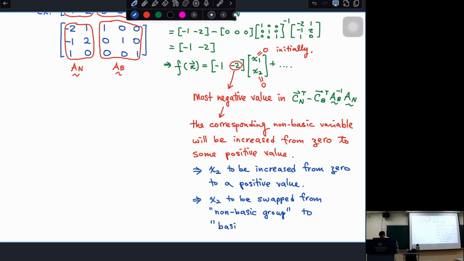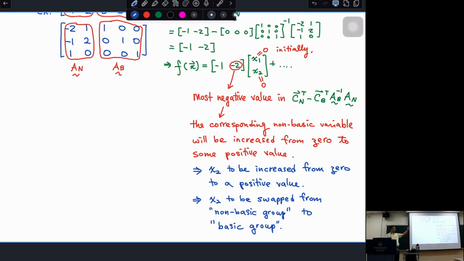Because in the basic group, variables are positive. In the non-basic group, they are 0. So you just pick up x2 and say, this one is going to become basic.